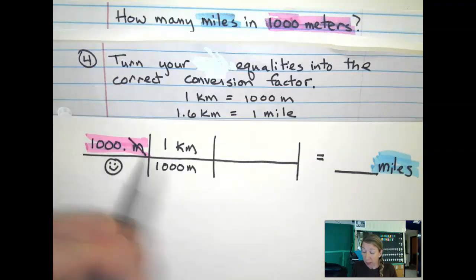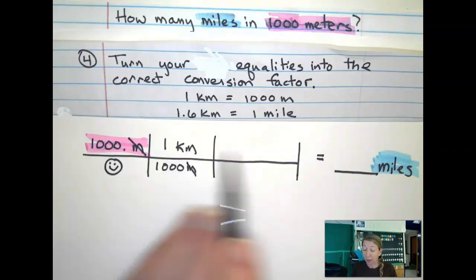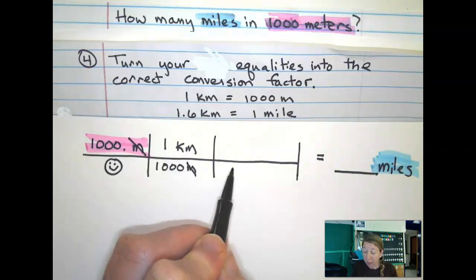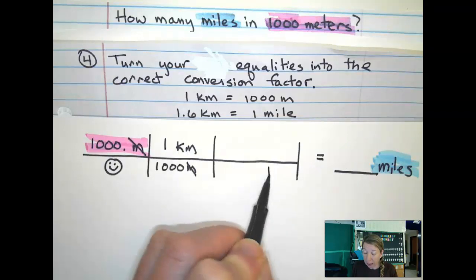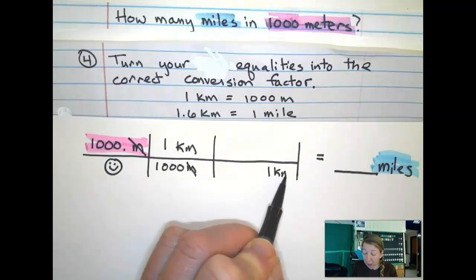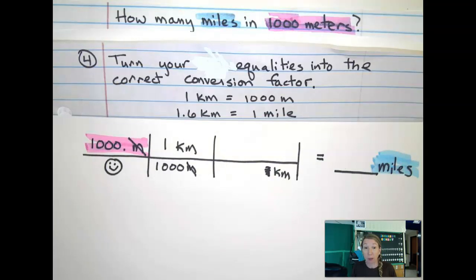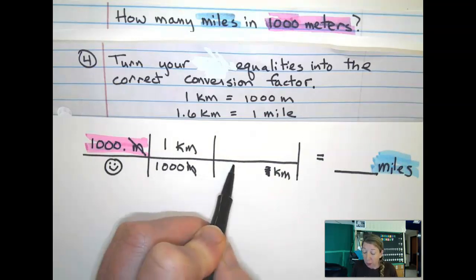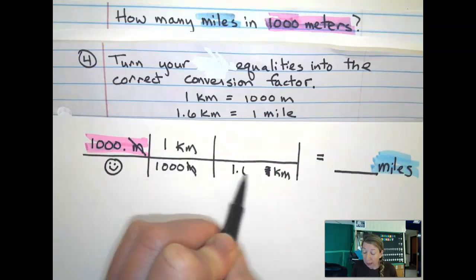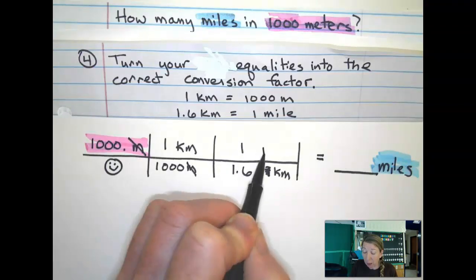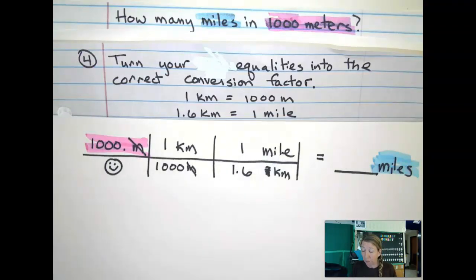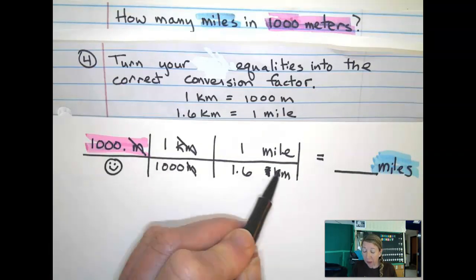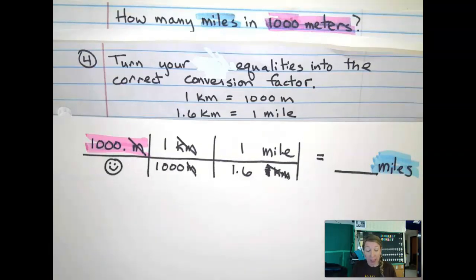And so now my meters will cancel. Now I want to go from kilometers to miles. I'm going to put kilometers on the opposite side, not 1, just kilometers. And that's 1.6 kilometers is the same as 1 mile. I usually put my units in first. I cancel the kilometers, and I'm left with my desired units.